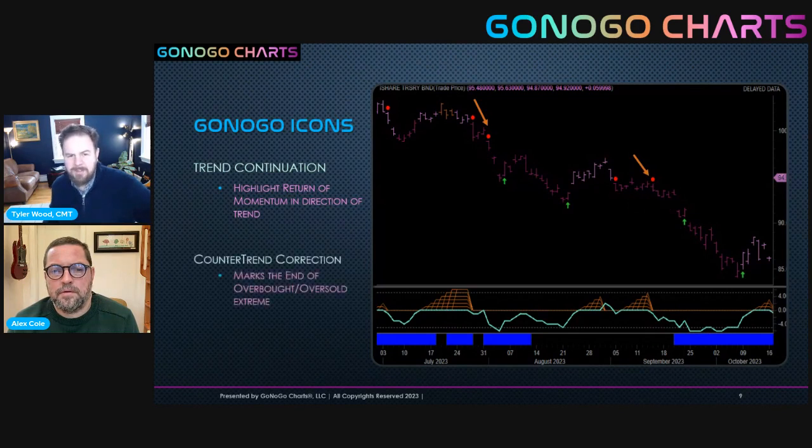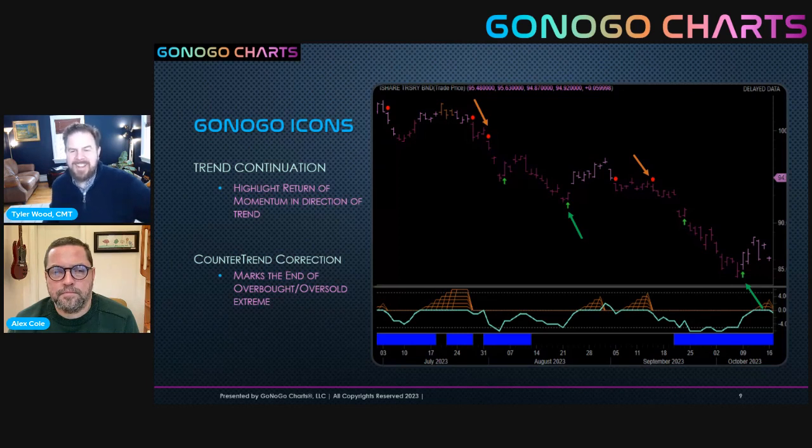And then same is true in the reverse. When we see extreme oversold readings, we want to mark those counter trend correction arrows that in the short term, price may struggle to move lower. It's not an absolute trend reversal or a sell signal to get out of that short, but perhaps covering some of that position would be a responsible move.